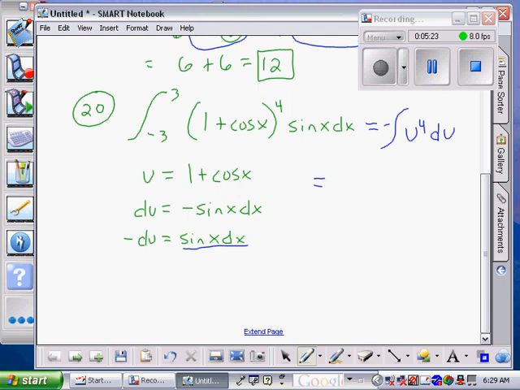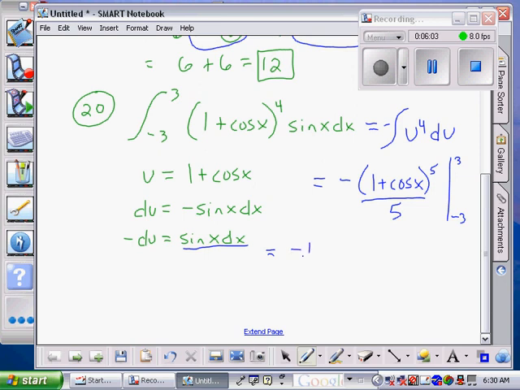So when I do the antiderivative of u to the fourth, there's my negative, and it becomes what? U to the fifth over 5. Now, are you okay if I put my 1 plus cosine of x back in there for u, to the fifth over 5? Now you could pull that out and make it 1/5 or negative 1/5. And we're going from negative 3 to 3 still. So you're going to want your calculator here.